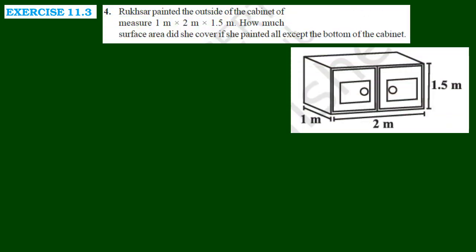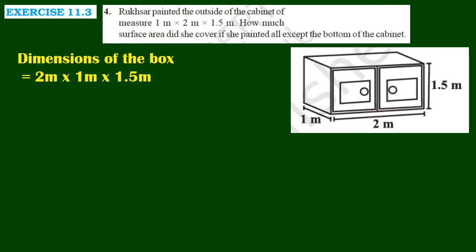Rucksack painted the outside of the cabinet of measure 1 meter into 2 meter into 1.5 meter. How much surface area did she cover if she painted all except the bottom of the cabinet? That means it is painted on all the 4 sides and on the top, excluding the bottom of the cabinet.